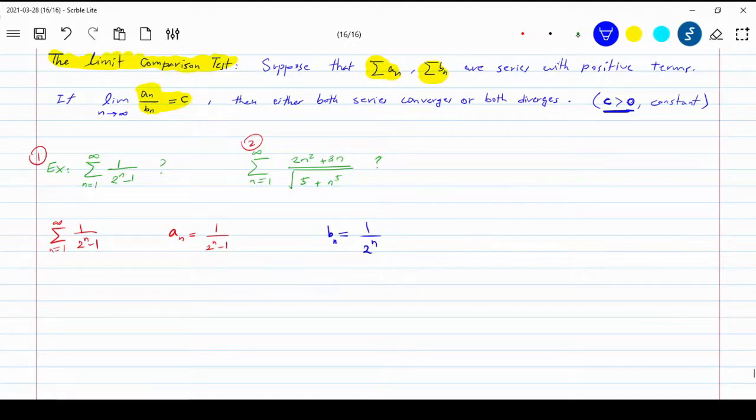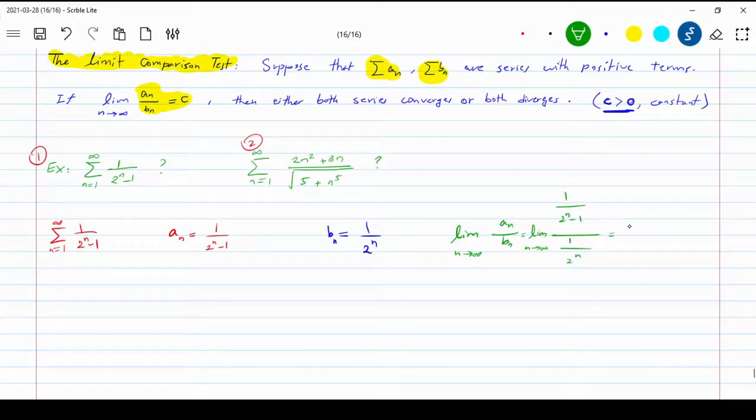Why do I do that? It's just because now if I calculate this limit, what is the limit of an divided by bn as n approaches infinity? It is the same as 1 divided by 2 to the power n minus 1, divided by 1 divided by 2 to the power n, as n approaches infinity.